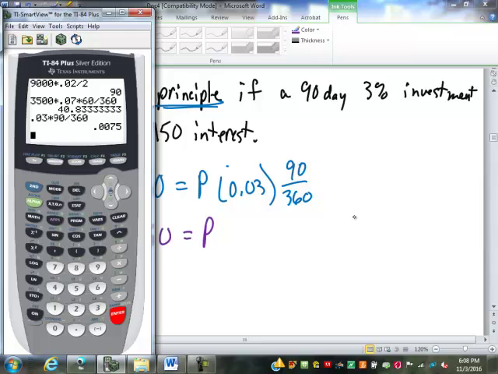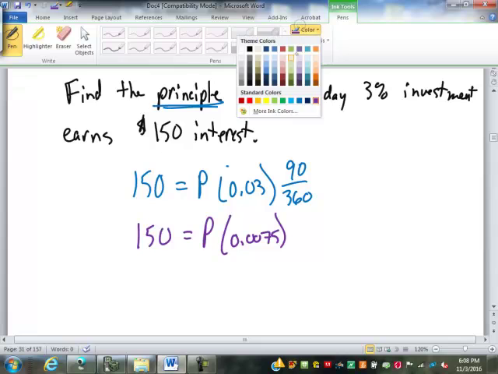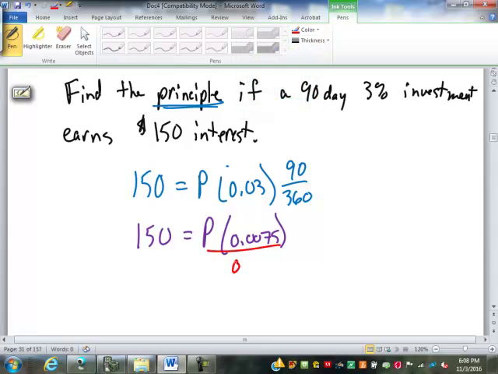Now here that gives us 0.0075, which is a manageable number. We could write it down and punch it back into our calculator if we wanted to. Many times, though, it will not be that simple. So what I'm going to show you how to do in our next step, we have to divide by that number.